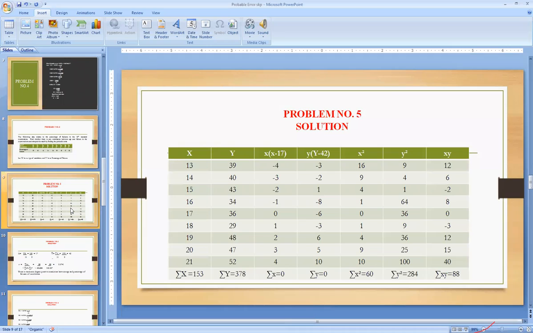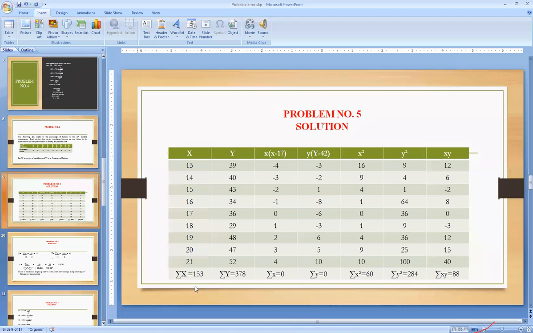Now x values have to be written, and also y values, whatever is given in the question. The x values are 13 up to 21. Y values we should write as given in the question: 39, 40, 43, 34, 36, 39, 48, 47, and 52. As we are doing the actual mean method, we need the total values of sigma x and sigma y.